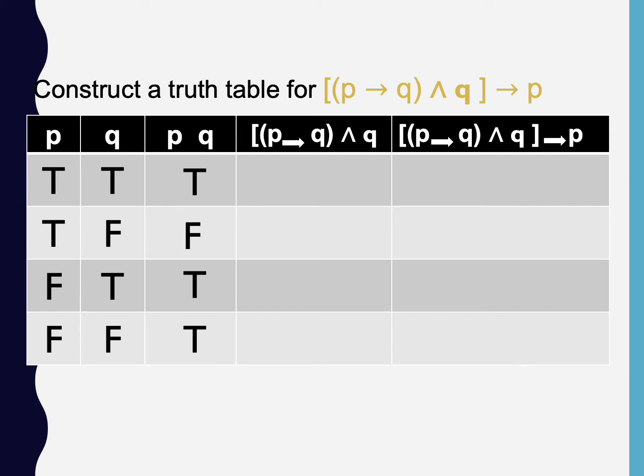So using the conjunction rule, you'll have true, false, true, and then false. Lastly, you get the conditional statement of the fourth column and the first column. That would give you true, true, false, and true.